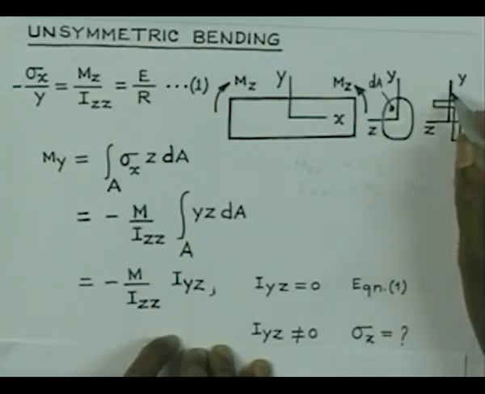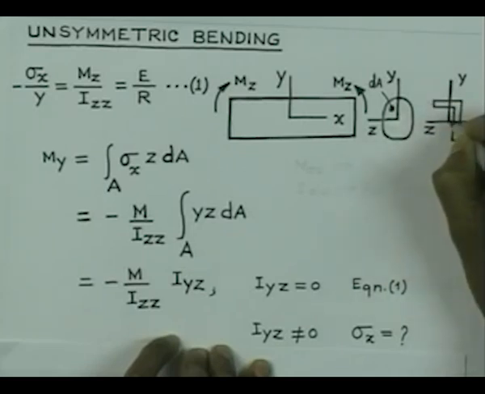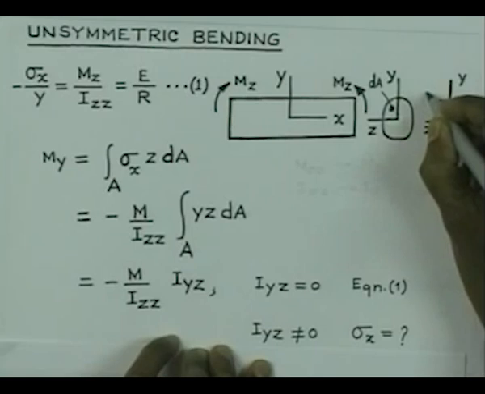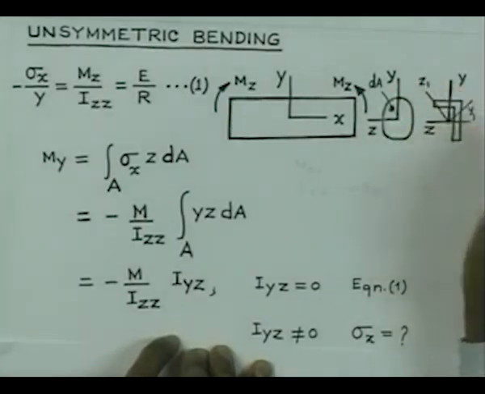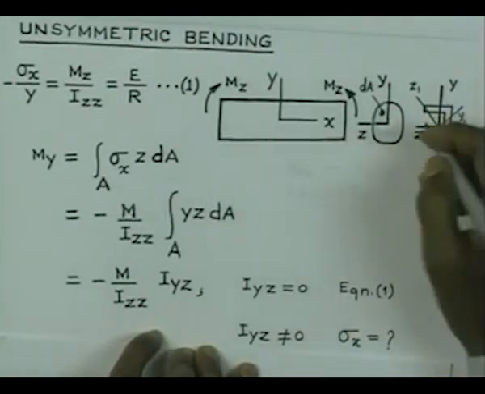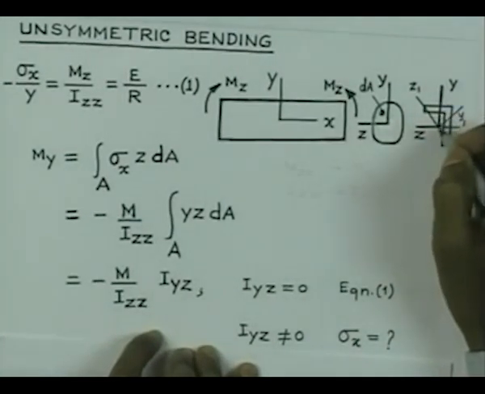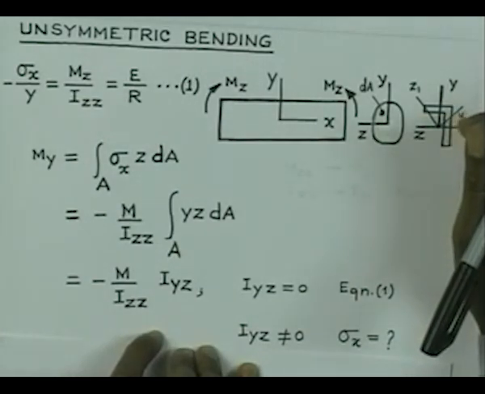Alternatively, for this cross section you can find out directions. Maybe we would have a direction like this, this is let us say y1, and there will be another orthogonal direction, let us say this is z1. So, these y1 and z1 are the two directions which are going to give rise to product moment of inertia equal to 0, and then we can certainly work with this sort of formula to arrive at the stress distribution for a particular loading.